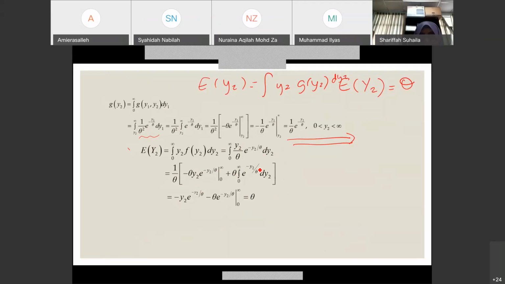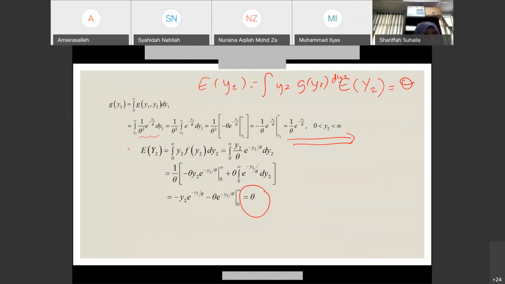Masukkan dalam formula integration by parts. Selesaikan, you get theta. Nanti kamu check ya, kamu tengok balik macam mana saya dapat dia punya value. So you have expected value y2 is equals to theta. So in this case, y2 is unbiased estimator of theta. So that is the first part, expected value of y2.